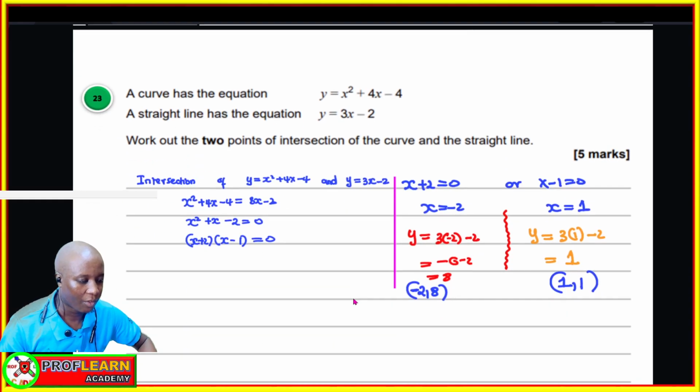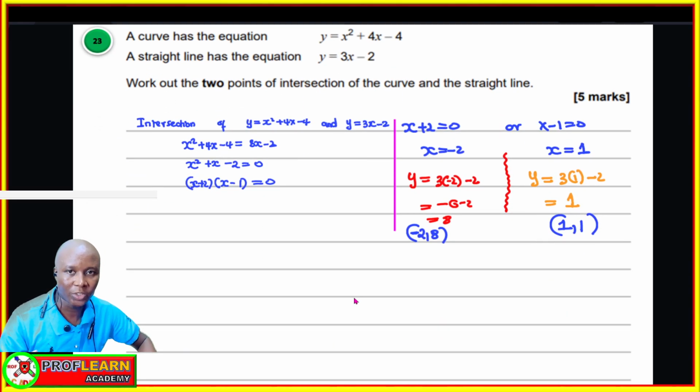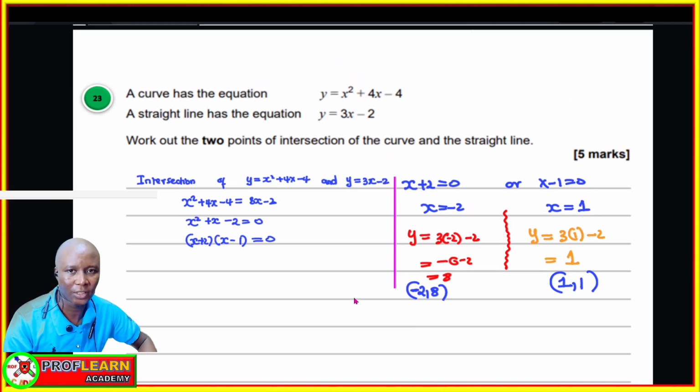And don't forget to look at how to solve simultaneous questions, either linear simultaneous equations or nonlinear simultaneous equations. In this case, I was having a nonlinear simultaneous equation here. So I substituted this part that I have here into where I have y. I used the substitution method.